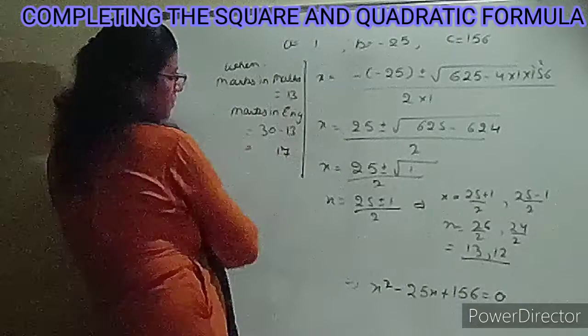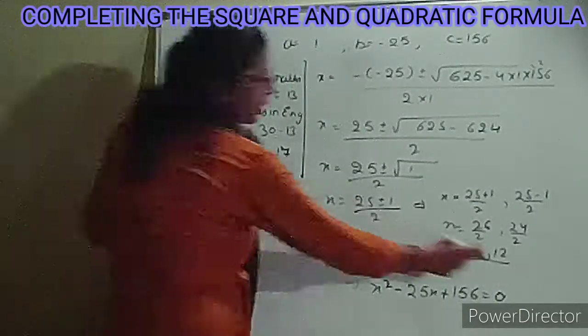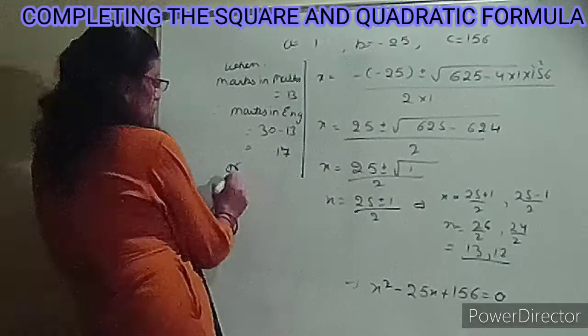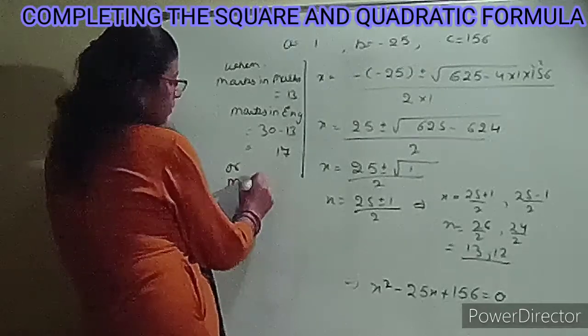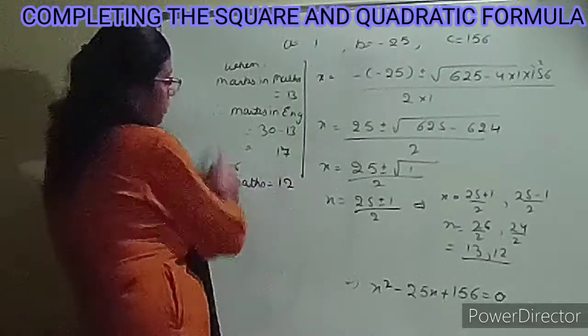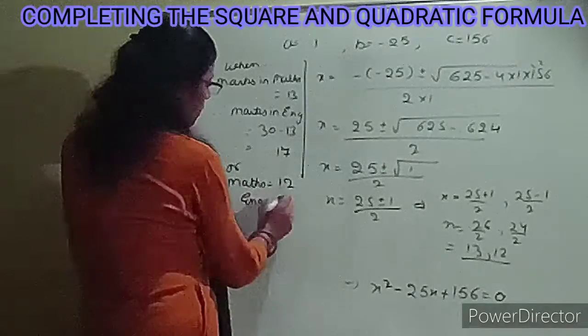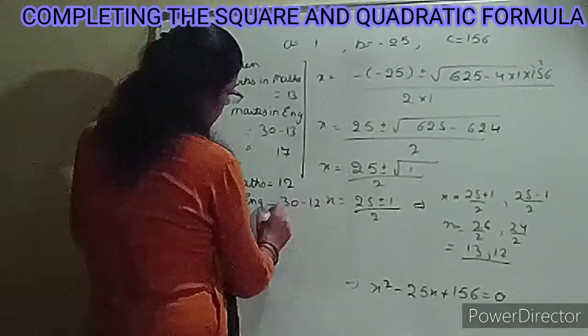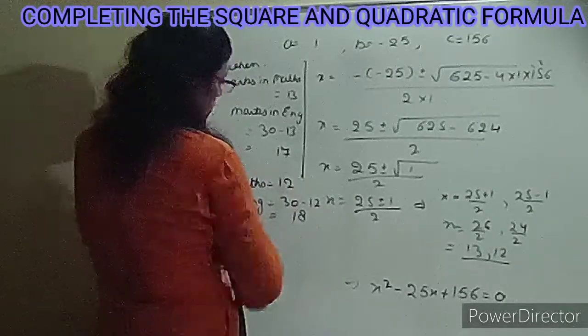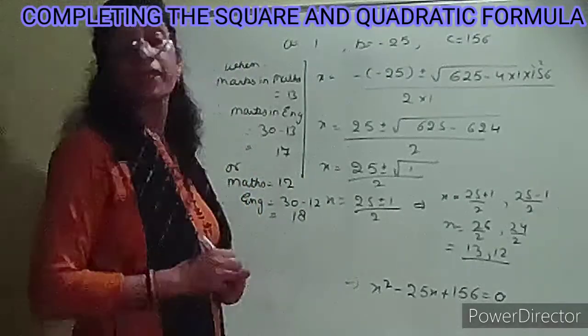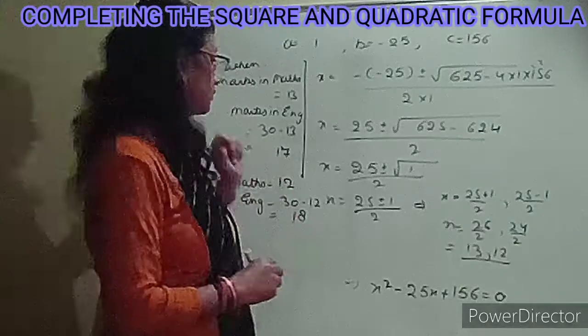So 13 and 17 are the marks. Or when the marks are 12 in maths, I am writing in short, you will write the whole statement. Therefore marks in English will be 30 minus 12, so 18. Okay, these are the results.